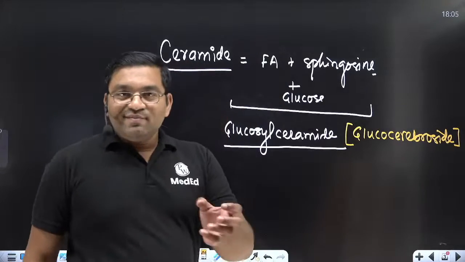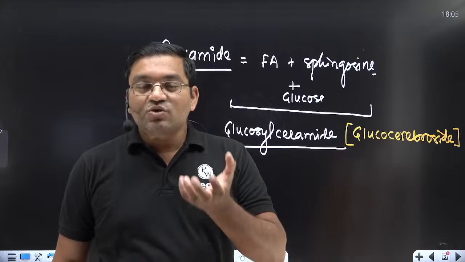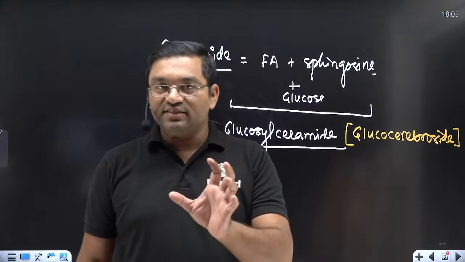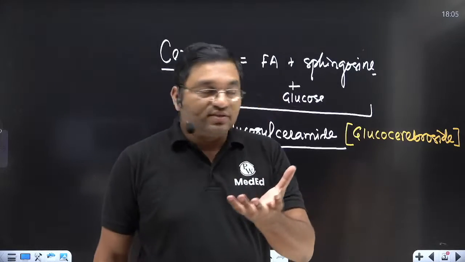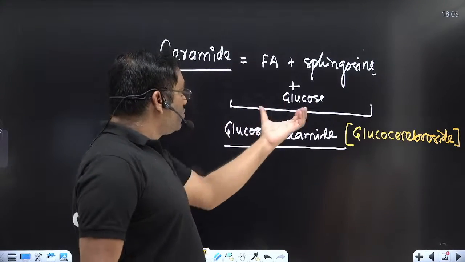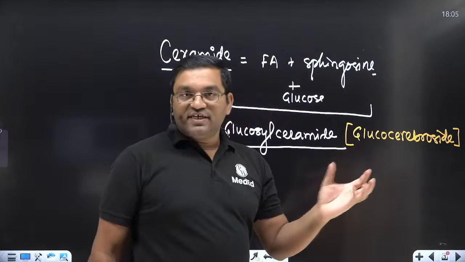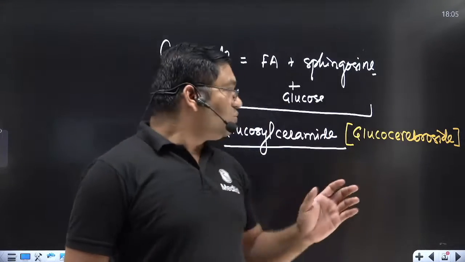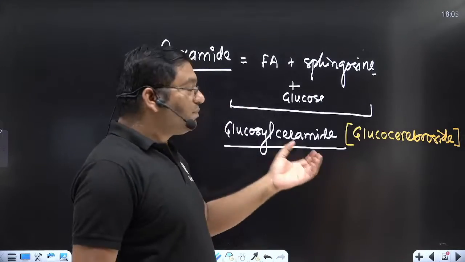The enzyme which causes degradation of this glucocerebroside is known as glucocerebrosidase. See, ceramide plus glucose is glucosyl ceramide or glucocerebroside. An enzyme which acts on the glucocerebroside is known as glucocerebrosidase.